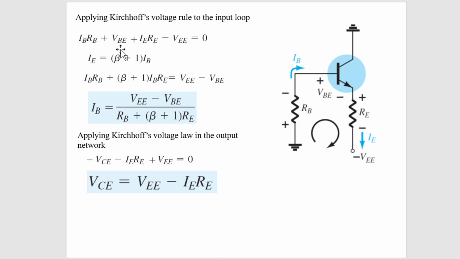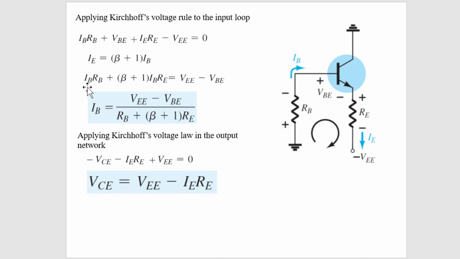And we know here, if you see, we have two different currents, IB and IE, and we know a relation between IB and IE in terms of beta. So we can write IE is equal to beta plus 1 into IB, and this is for common emitter transistor. Then if we substitute the value of IE in this equation, in place of IE we can write beta plus 1 IB.